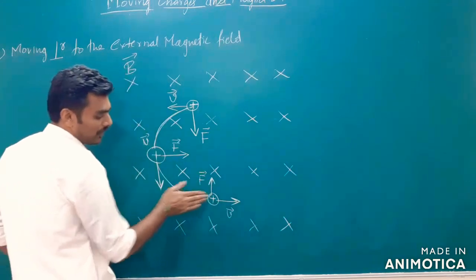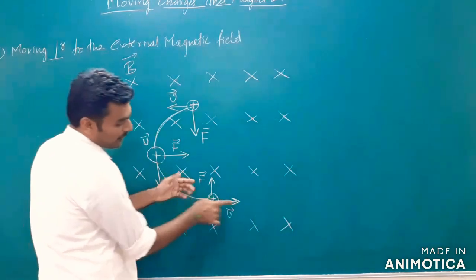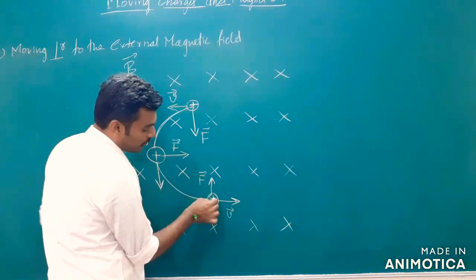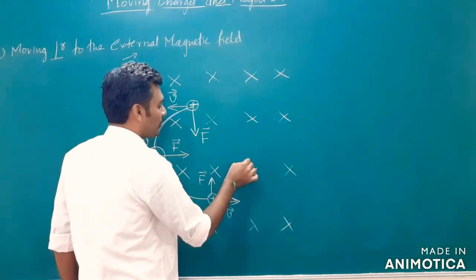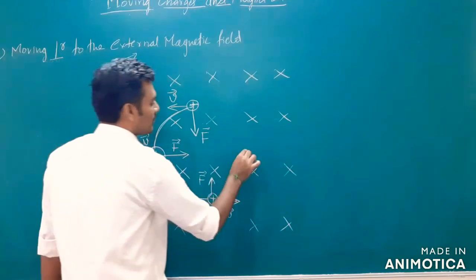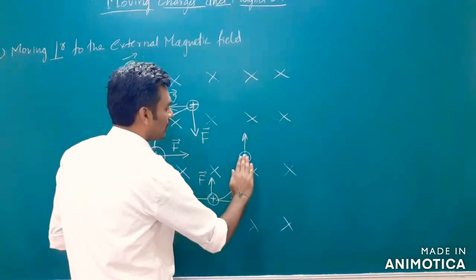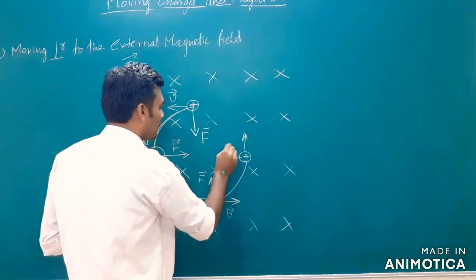Magnetic force is upwards. So this is v, this is F. When both of them are together, this once again traces a semicircular path like this. Once again, let me take one more point here. This is the direction of velocity. So it is v cross b, and hence the force is like this.